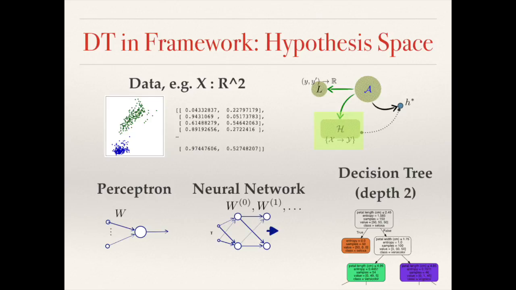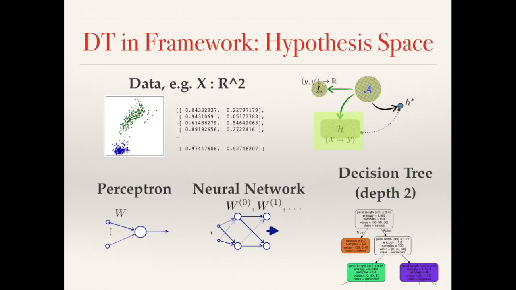For example, if the data is in a plane, that is R to the power of 2, the hypothesis space of those parametric models makes some classification boundaries in the R2 space.